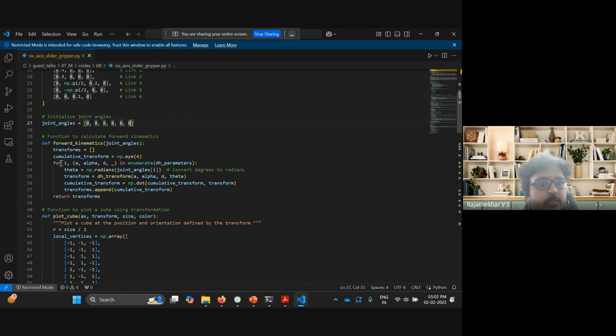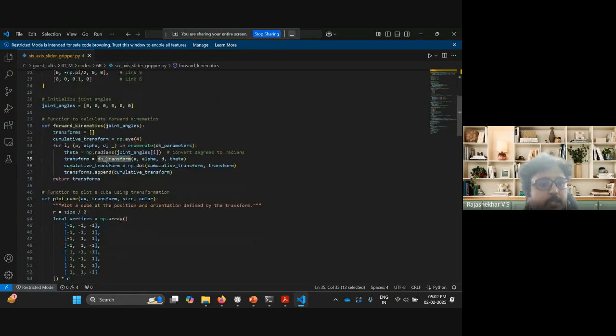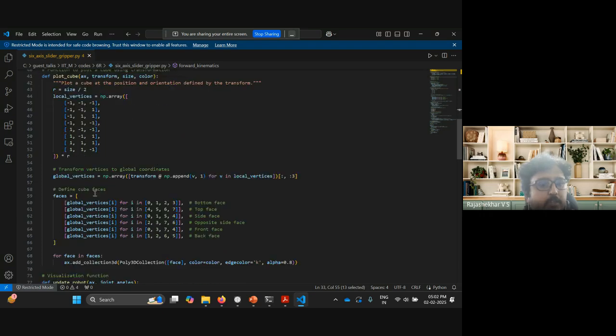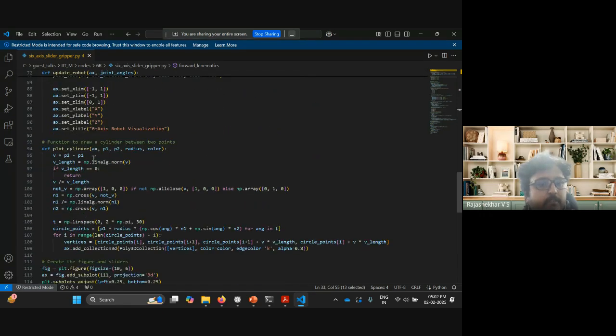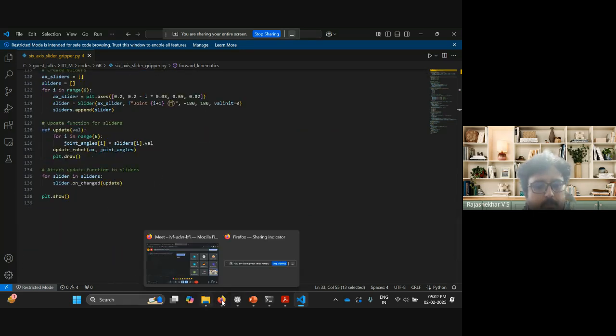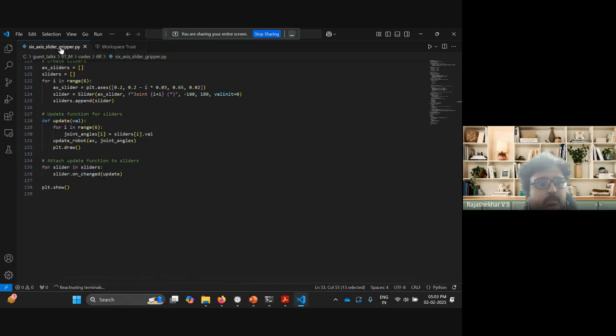For the forward kinematics, there's a loop which sends the values to the DH transform, which is over here, and the DH parameters are taken from the DH table. There's a cube at the end effector, and this is the visualization where the entire code is plotted. So now we will try to run this and show you.